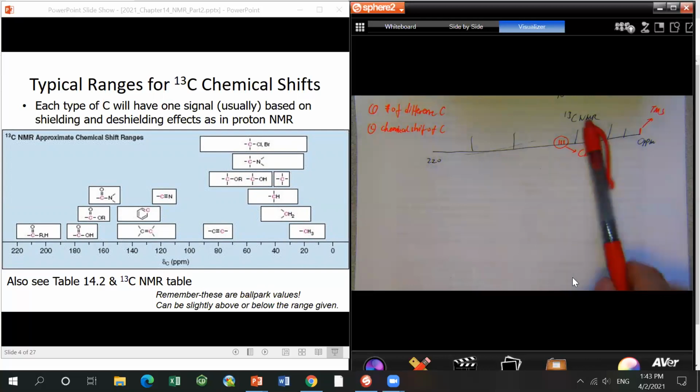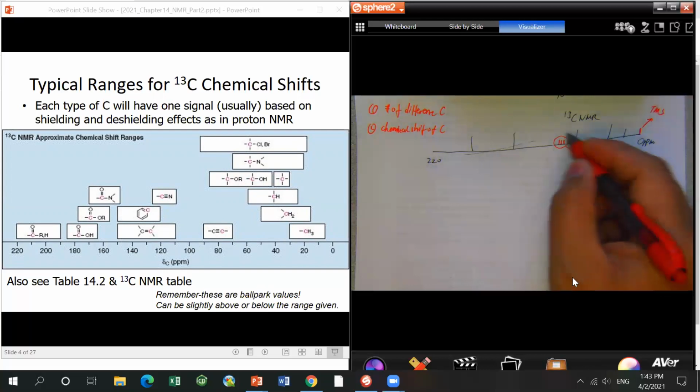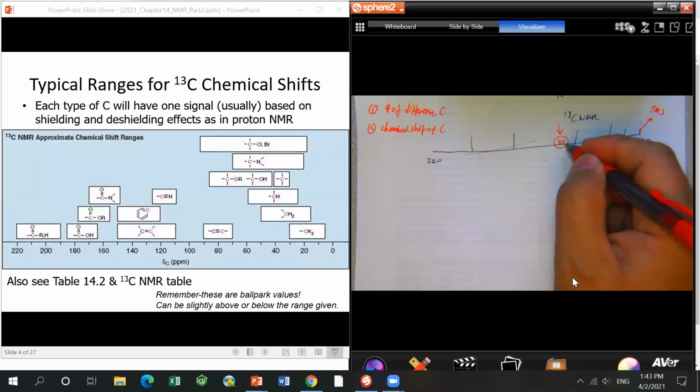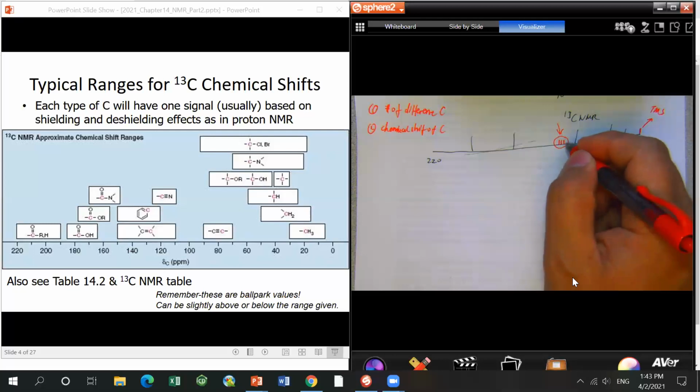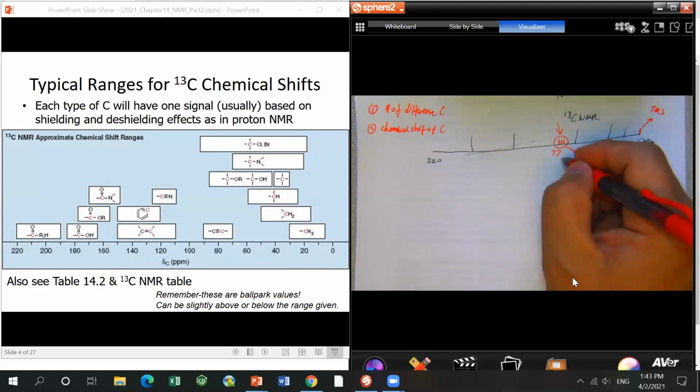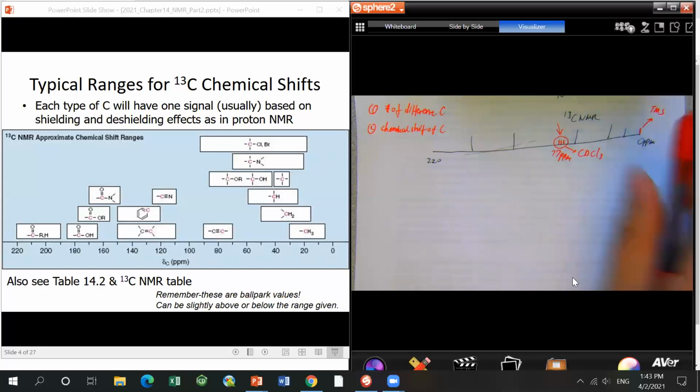The reason is that we can use it as an internal standard. The instrument will read this area, so if it finds the three signals here, it will know this should be 77 ppm. So that's an internal standard.